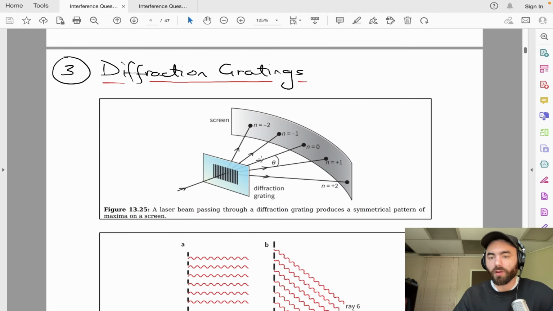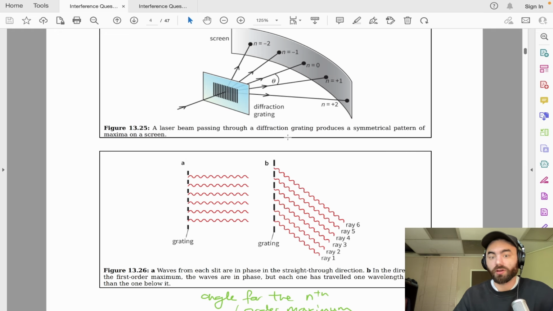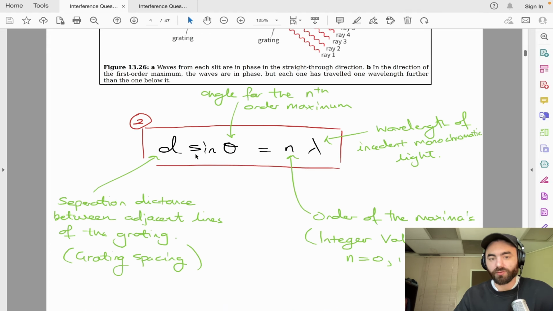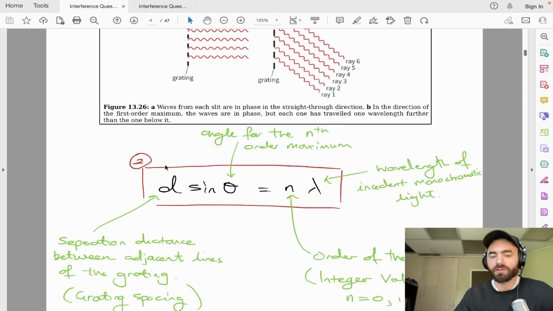Again, it's dependent on the path difference between the two waves when they exit the, well, in this case it'll be lots of waves, but when they exit the diffraction grating. And this is the equation for this. So it's relating the distance in the grating, so the distance between 2 separate grating lines. We'll consolidate this when we do questions. I've got 3 really good questions for you.